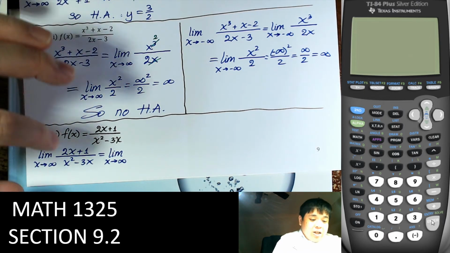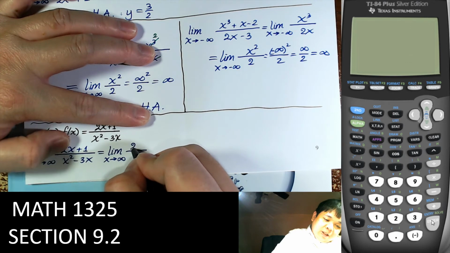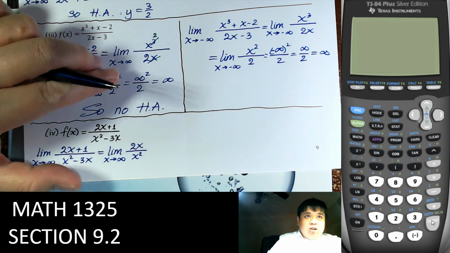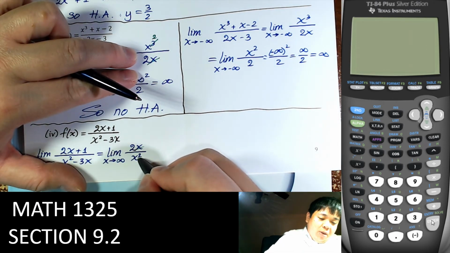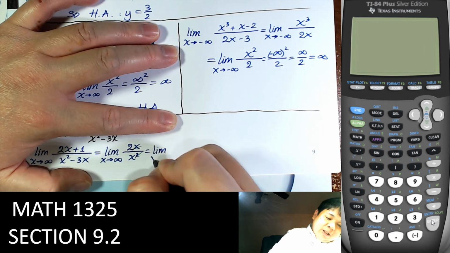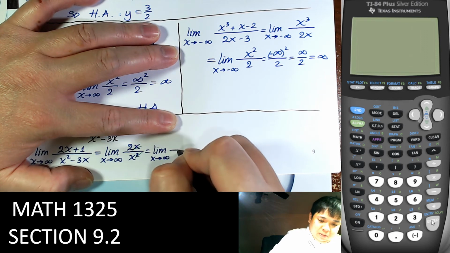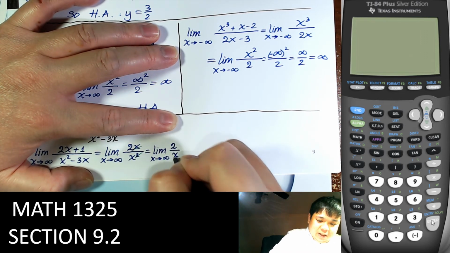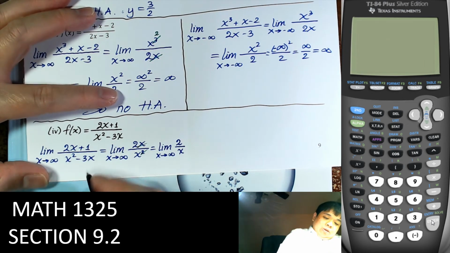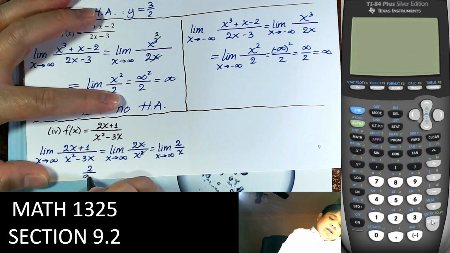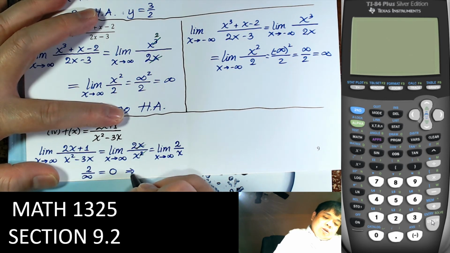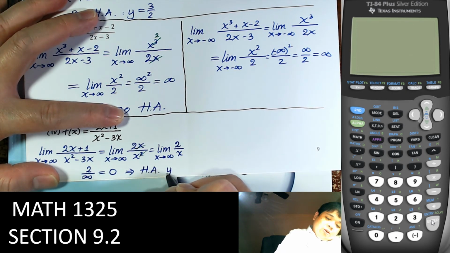Take the highest power term, we have 2x over x squared, and then cancel 1x on the top and x squared at the bottom. There are two of them, cancel one of them. We have just 2 over x. Now, x goes to infinity. If we have 2 divided by infinity, a finite number divided by infinity, that is equal to 0. So the horizontal asymptote is y equal to 0.